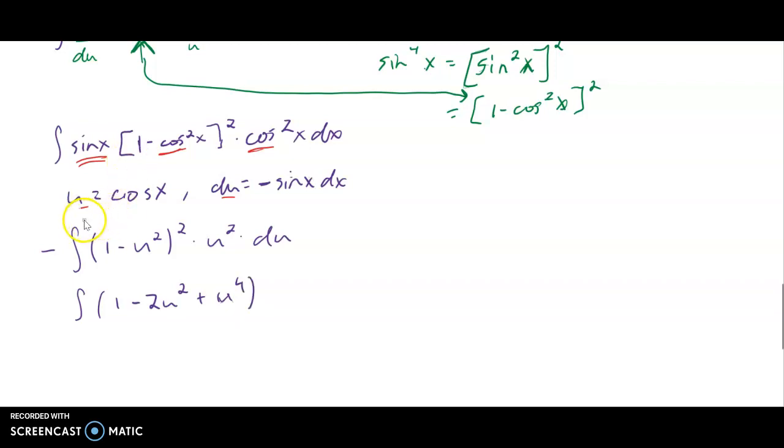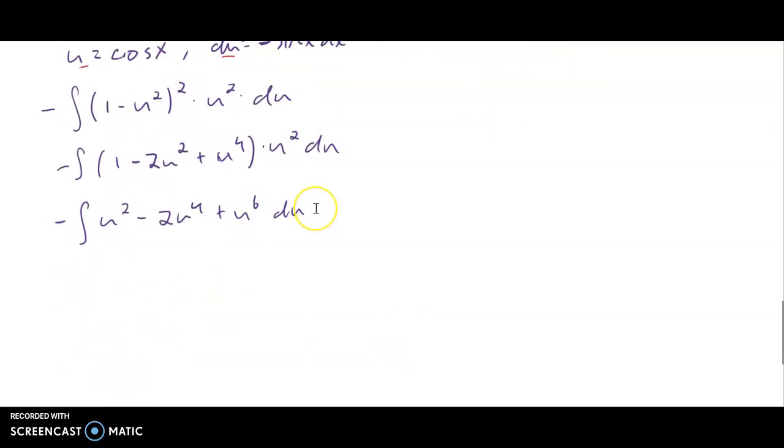That is this rewritten. So notice I still have that u squared on the side, so times u squared du. Don't forget the negative. And now I need to distribute this u squared into those three pieces. So what I get when I do that is u squared minus 2u to the 4th plus u to the 6th du. And now it's in a form in which I can do my integral.